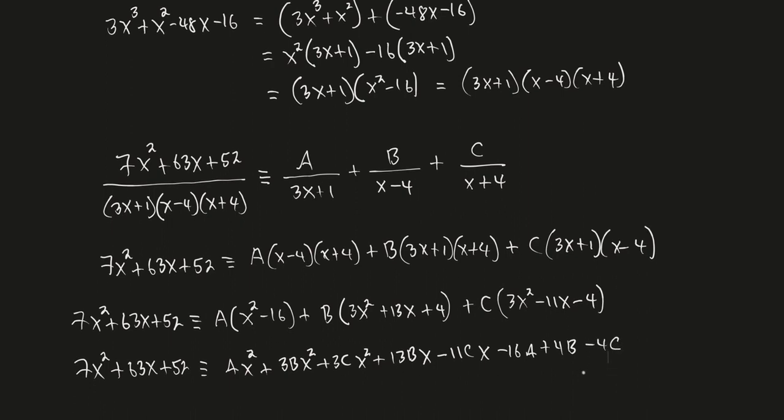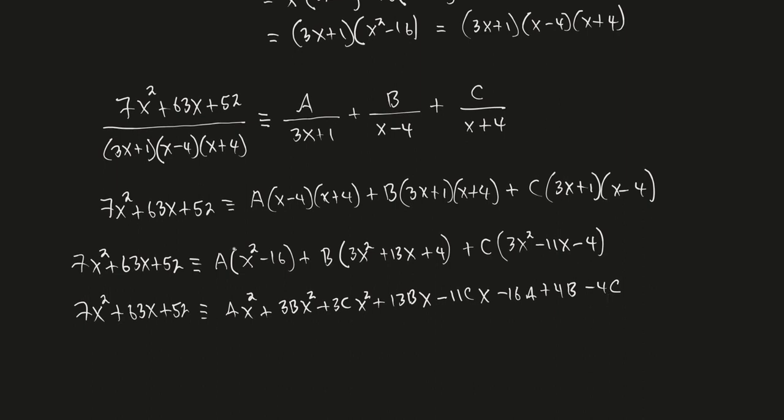Right? So what we're actually doing is we're trying to write the expression on the right hand side of this identity so that it looks like a standard quadratic. But the thing is, there are some numbers that we don't know, right? But I can still write it in that form. So let's say out of the first 3 terms, I can factor out an x squared. So it looks like a plus 3b plus 3c, that quantity times x squared.